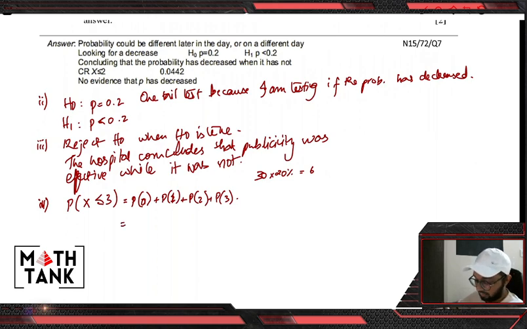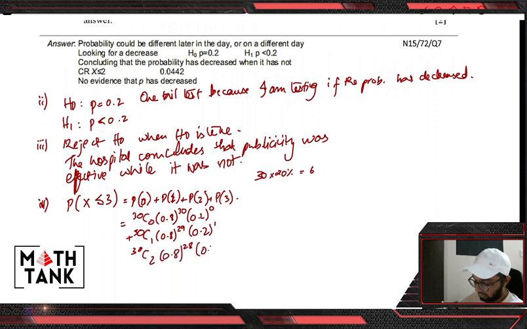Now I have to write all these expressions. This is 30C0 0.8 power 30, 0.2 power 0, plus 30C1 0.8 power 29, 0.2 power 1, 30C2 0.8 power 28, 0.2 power 2, 30C3 0.8 power 27, 0.2 power 3.